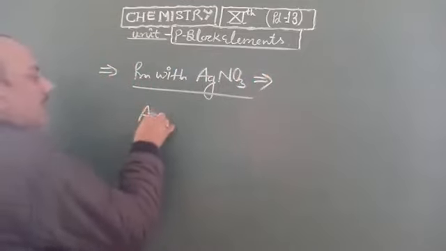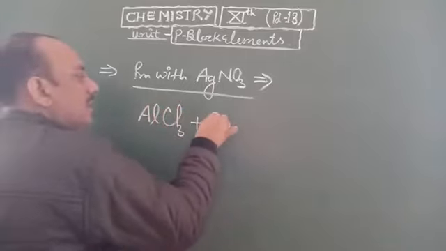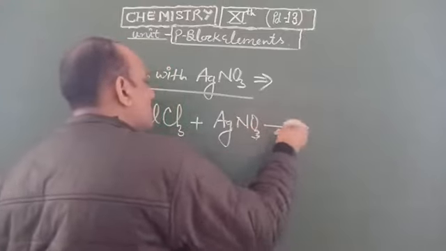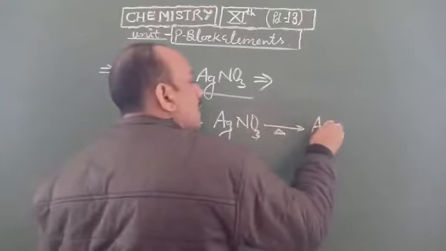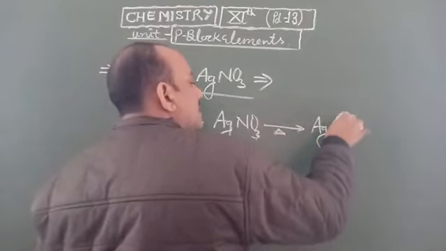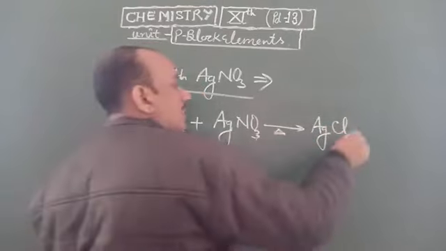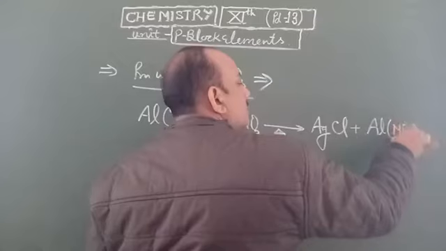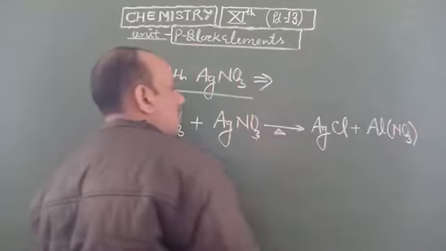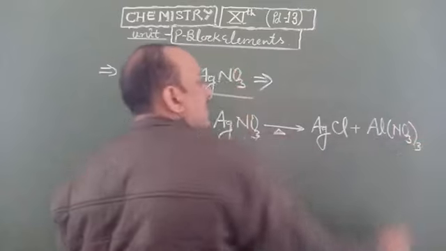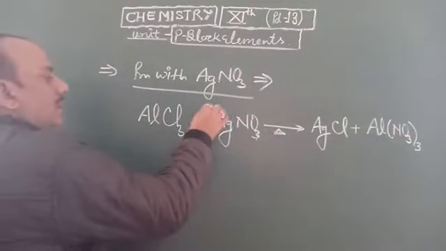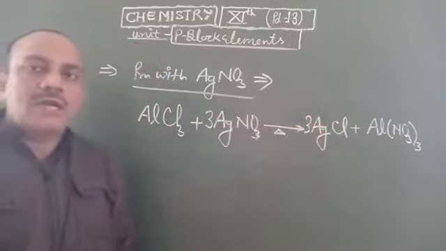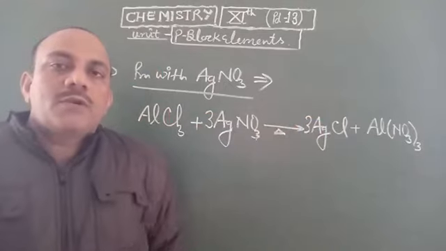It reacts with aluminium chloride: AlCl3 plus AgNO3 gives AgCl plus Al(NO3)3. So students, these are the important chemical properties of aluminium chloride.